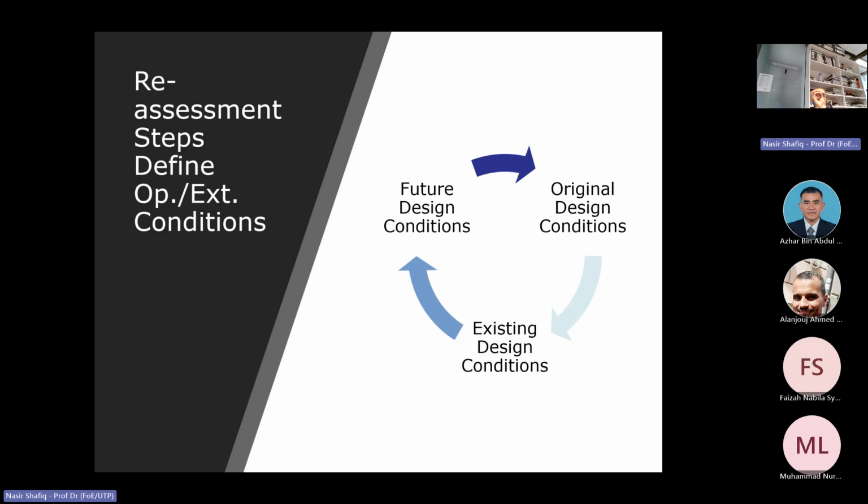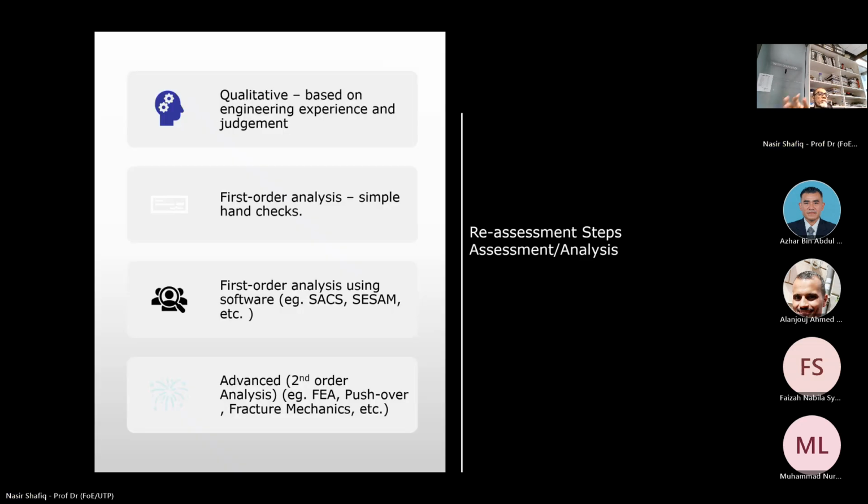Existing has some corrosion spots, so it can comply or it can just be safe for 180 bar. Future design condition, if for the next 5 years we do nothing, what would be the safe operating condition? Maybe 150 bar, right? So that will be the purpose of assessment.